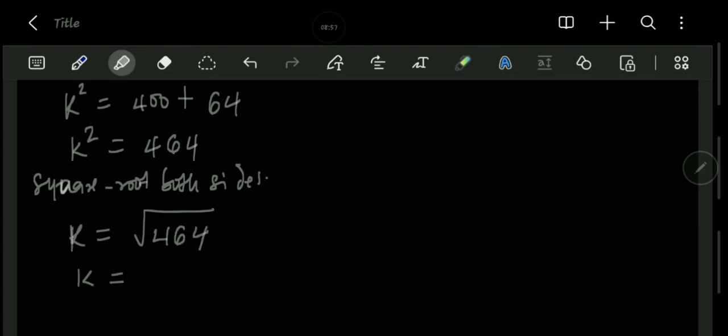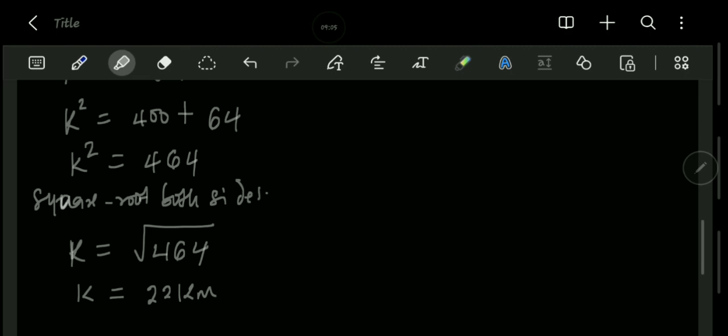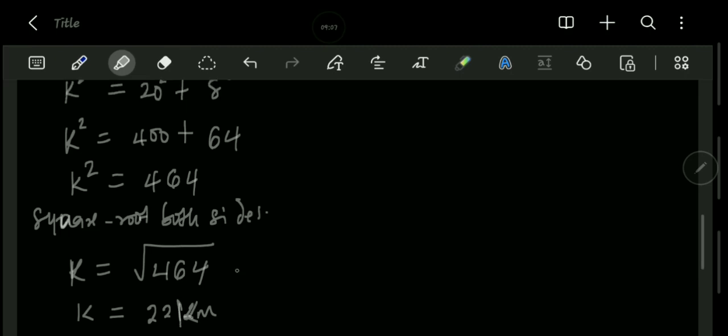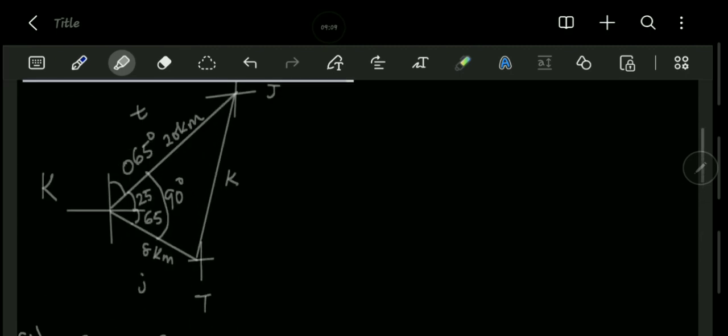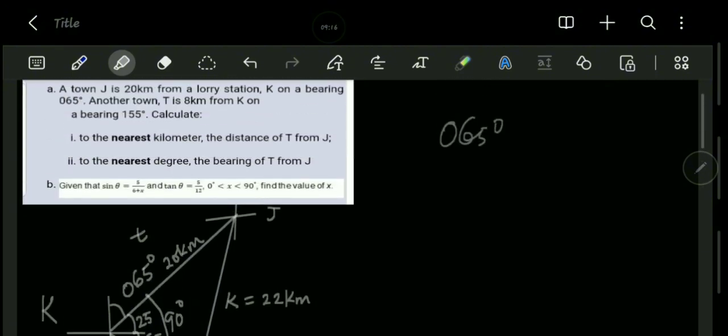Now we are asked to round to the nearest kilometer. k should be approximately 22 kilometers. So now we have the value of this side to be 22 kilometers. So we've answered the first part.